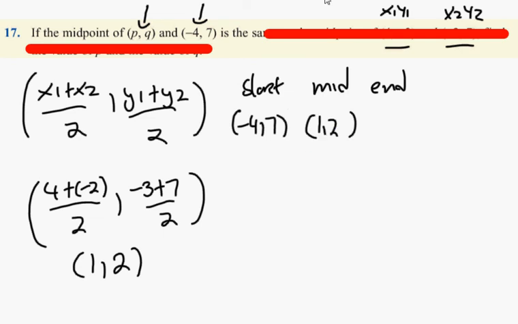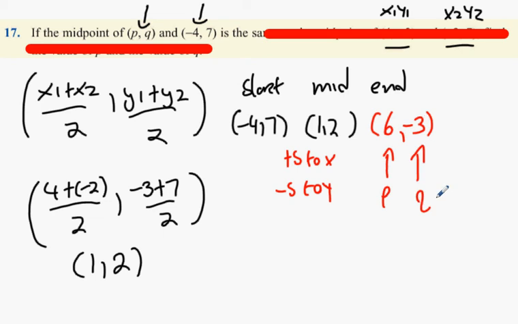How did I go from minus 4 to 1? Plus 5 to x. How did I go from 7 to 2? Minus 5 to y. Do the same thing again. 1 plus 5, and then minus 5 minus 3. That means your p value is 6 and your q value is minus 3.